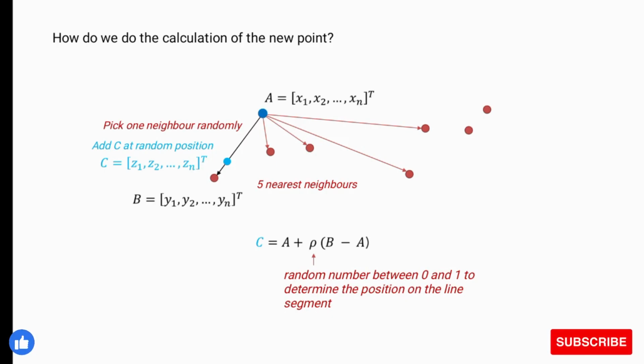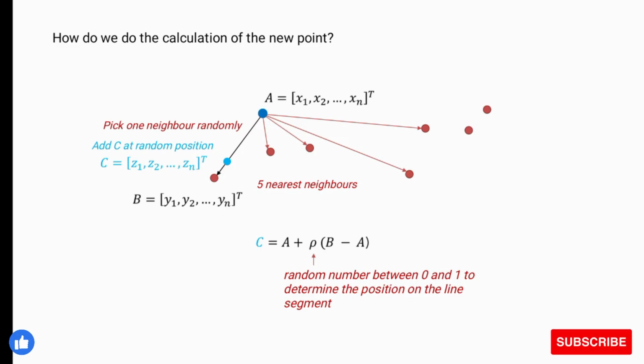Okay, so A is all of the dimensions of that feature X. Once we've picked one of the random data points of the neighbours, that's our B. We want to generate C, that's our new synthetic point. That's going to have the same number of features as both A and B have. So how do we work it out? Well, it's a very, very simple formula. C equals A plus rho times B minus A.